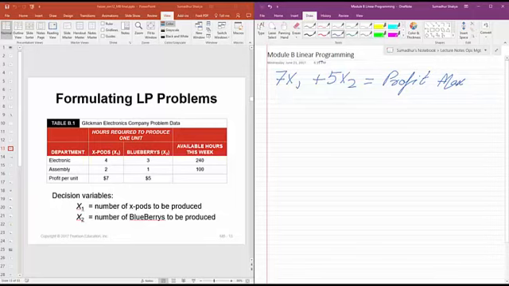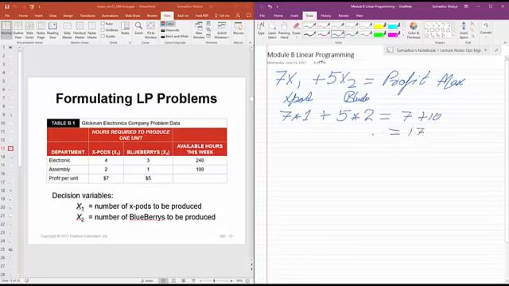If you were to make 1 unit of Xpod and, say, 2 units of Blueberry, then we make 7 times 1 plus 5 times 2, so the profit we make is $7 plus $10, which equals $17.